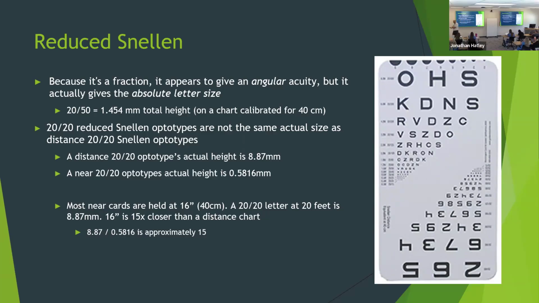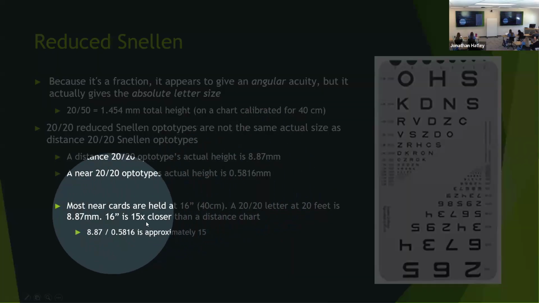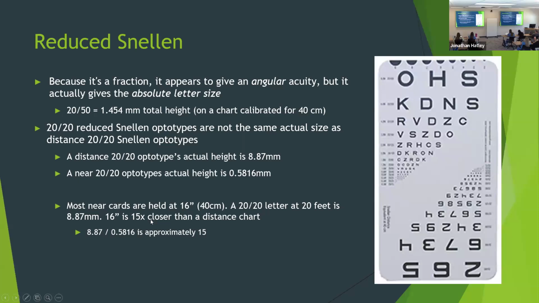Well, you're holding your card at 40 centimeters. So obviously we've already got one thing against us. Now the letters have been calibrated to a size where, since you're holding the chart about 15 times closer than a 20-foot distance, they're about 15 times smaller.